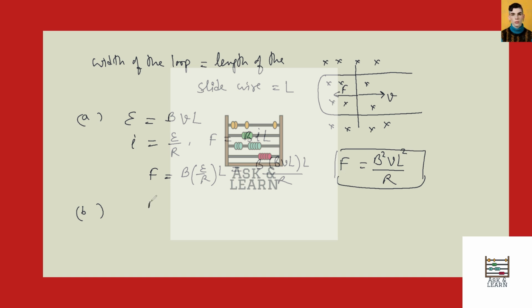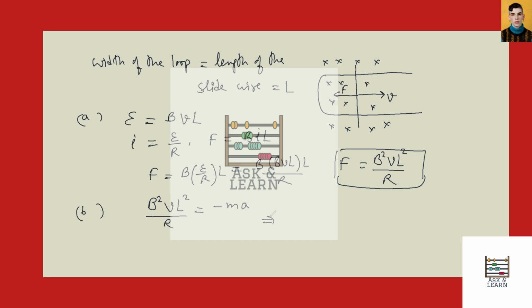So we can say this B square V L square divided by R may be given as negative of mass into acceleration, if A is the acceleration in this bar.